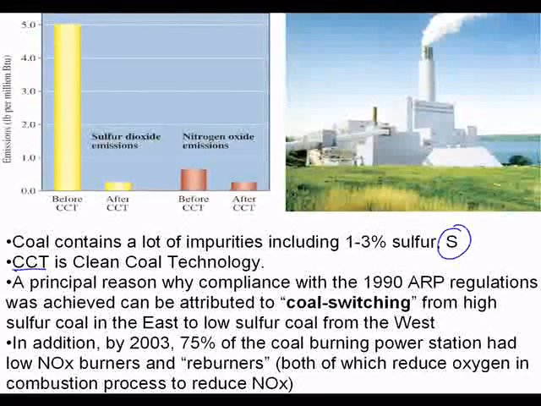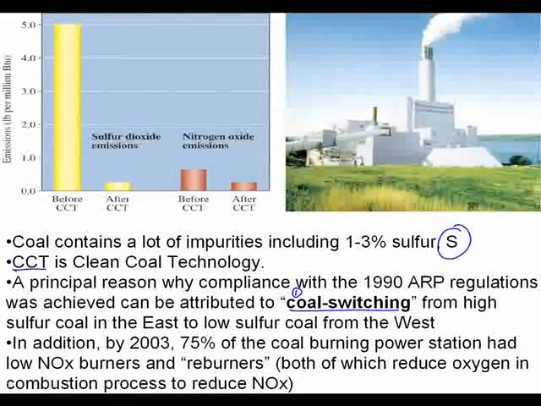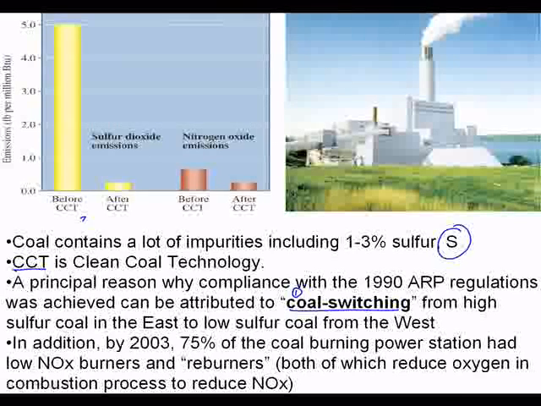For sulfur, okay, we have a number of them. Coal switching. Here's one. Coal switching from high sulfur coal to low sulfur coal. That was the primary reason why we were able to obtain ARP goals. Another one was putting in scrubbers.